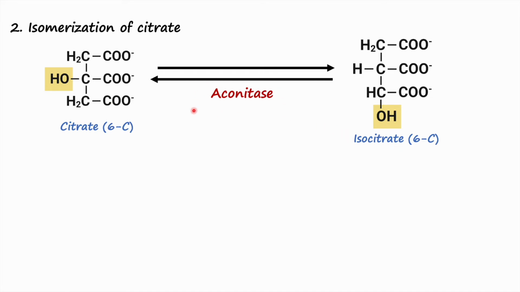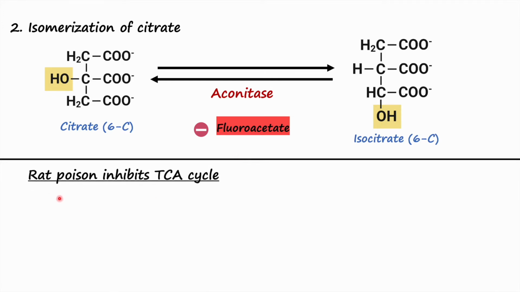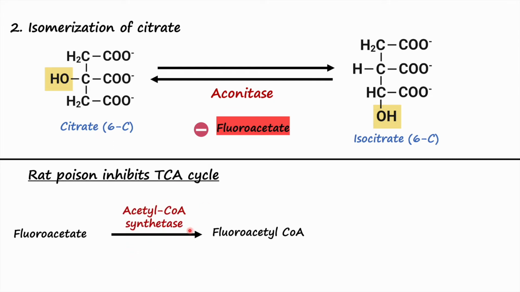And aconitase, which catalyzes this reaction, is inhibited by a chemical called fluoroacetate. This fluoroacetate chemical is actually present in rat poison, and that actually inhibits TCA cycle. So fluoroacetate can readily cross both the cellular and mitochondrial membrane. When it is inside the mitochondria, it is converted into fluoroacetyl coenzyme A with the help of the enzyme called acetyl-coenzyme synthetase.